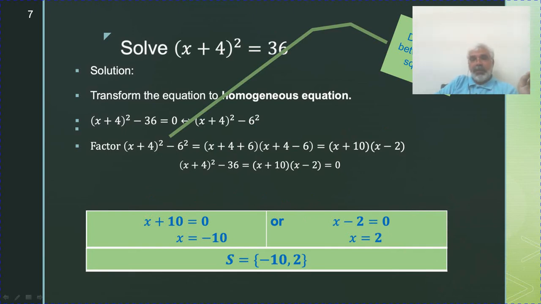This is the first one. Let me just write the second one. I'll write the same problem and solve it in a different way. We said that (x plus 4) whole squared equals 36. Well, what if I take the square root of both sides?